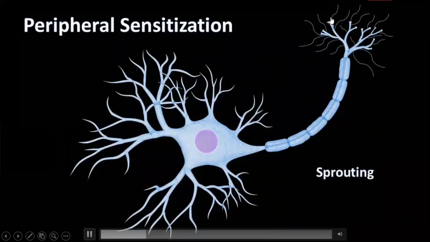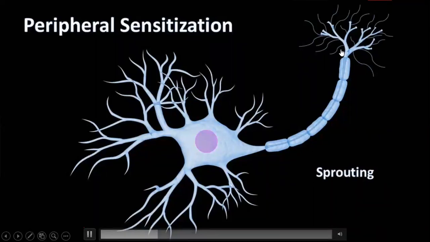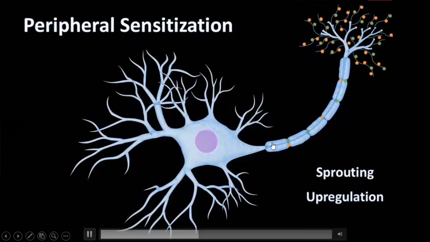The next thing that could happen is an increase in the amount of neuropeptide release, right? Previously 5 neuropeptides were released, now there would be upregulation, and more neuropeptides will be released, which increases the neurogenic inflammation. The third thing that may happen would be demyelination of the nerve fibers or a part of a nerve fiber, which will increase its sensitivity.